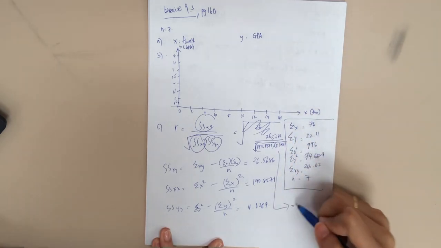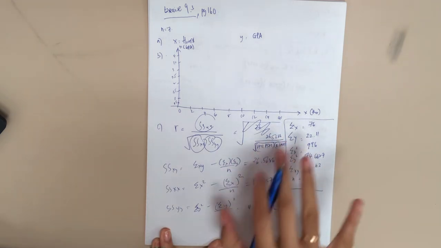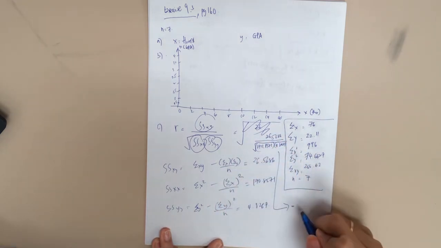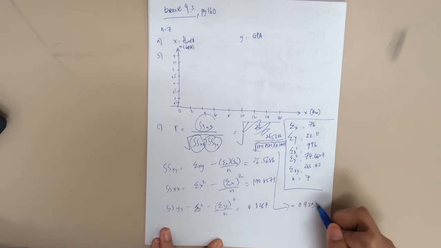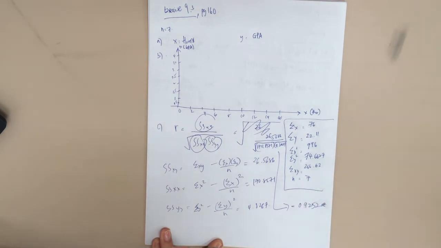Okay, I just write here, sorry class, I didn't have space here. So suppose the final answer for R that you should get is 0.9252. So this is your R.